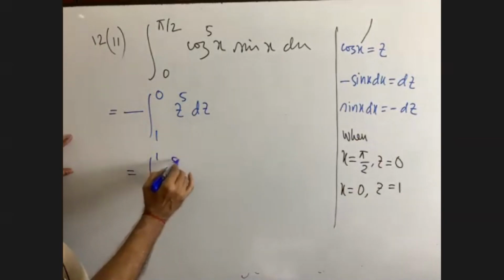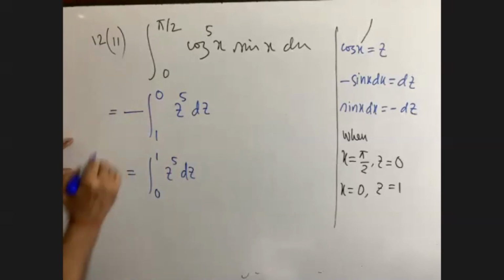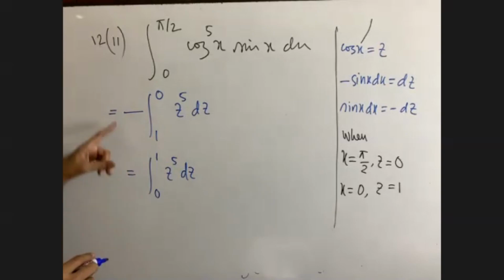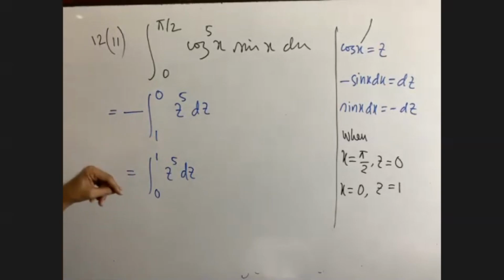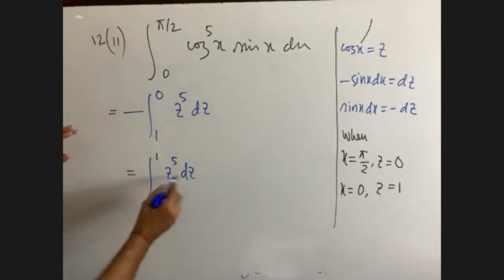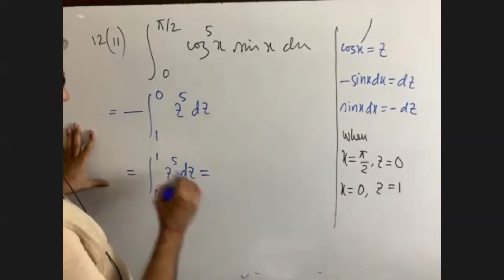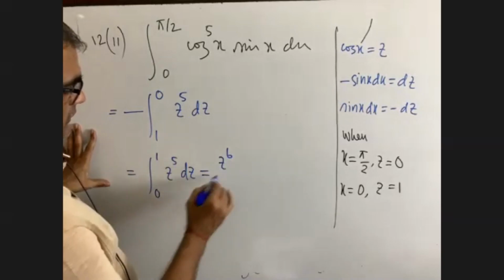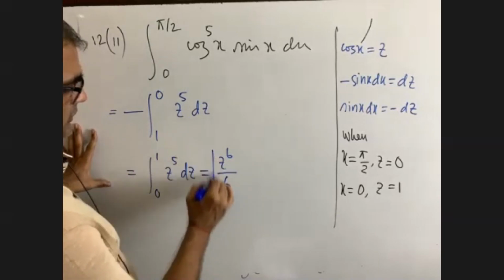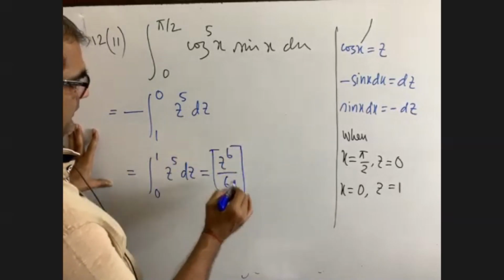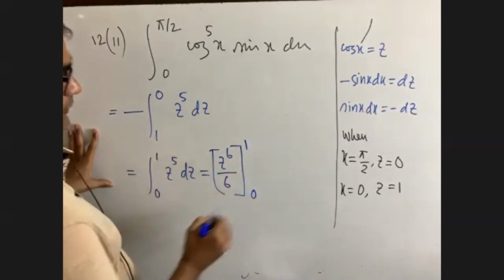Is it okay? I showed you that at the beginning of the day today. Now you see, what is the formula? Z to the power 6 by 6, from 1 to 0.